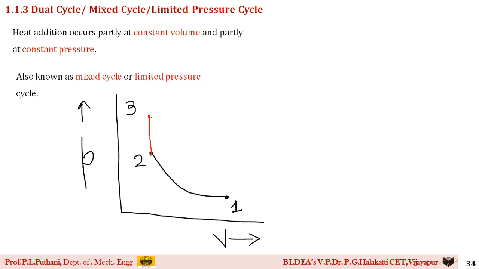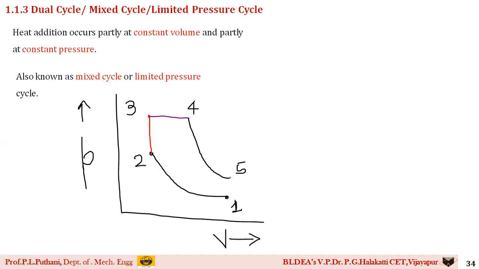Then students, partly heat addition takes place at constant pressure. It is like this, 3 to 4. Then the reversible adiabatic expansion process begins. It's like this, 4 to 5.